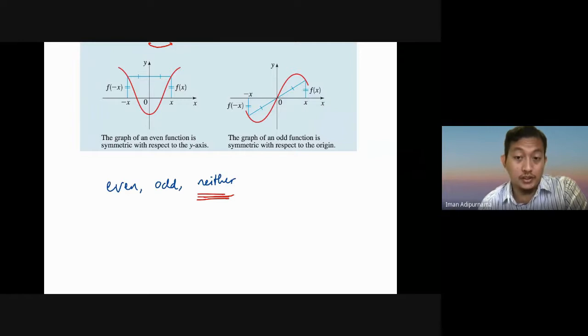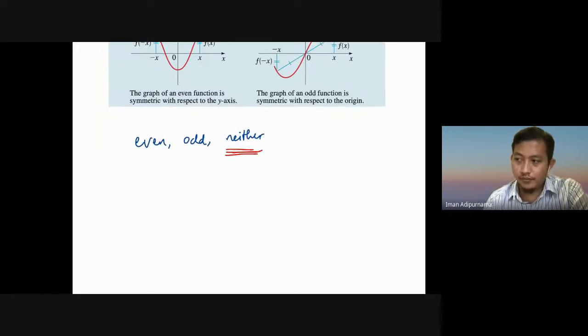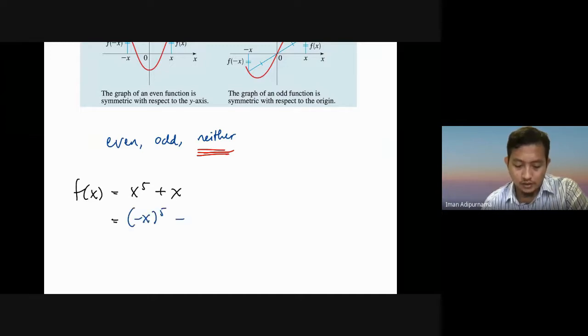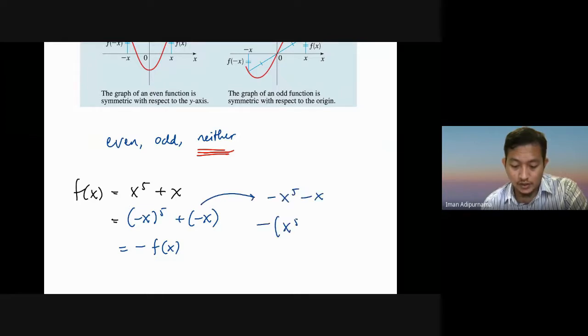If when you put in the x, like for example, if you check this one, this one is pretty easy. This will be negative of f of x, right? It will be negative x5, negative x, or you can say that this is an odd. This is odd.